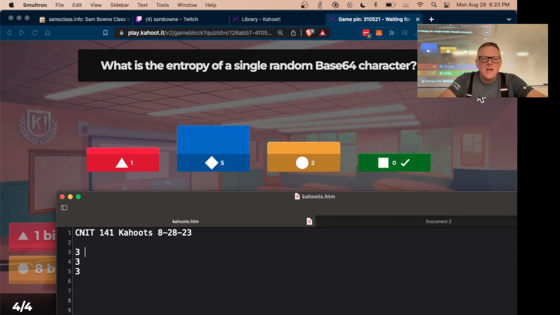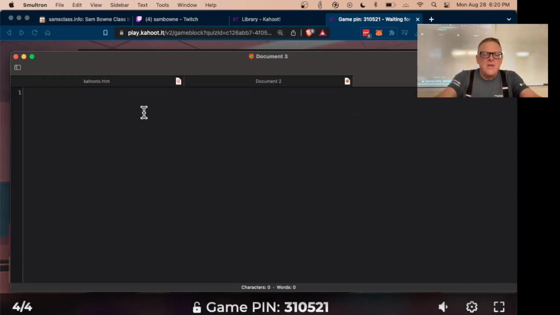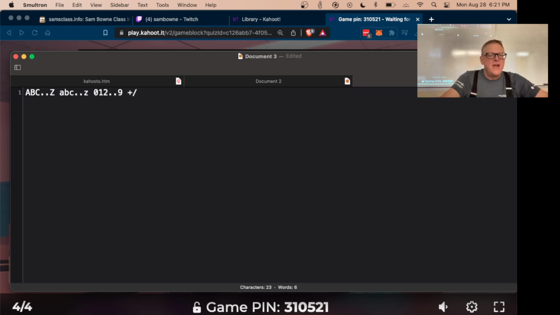I got a text document here to write. Base 64 uses the letters A to Z, capital and then lowercase, and then the numbers, and then 2 more symbols like plus and slash. It's a total of 64 characters, and that's all it uses. So instead of using all 8 bits in the byte, it only has 64 possibilities, not 256.